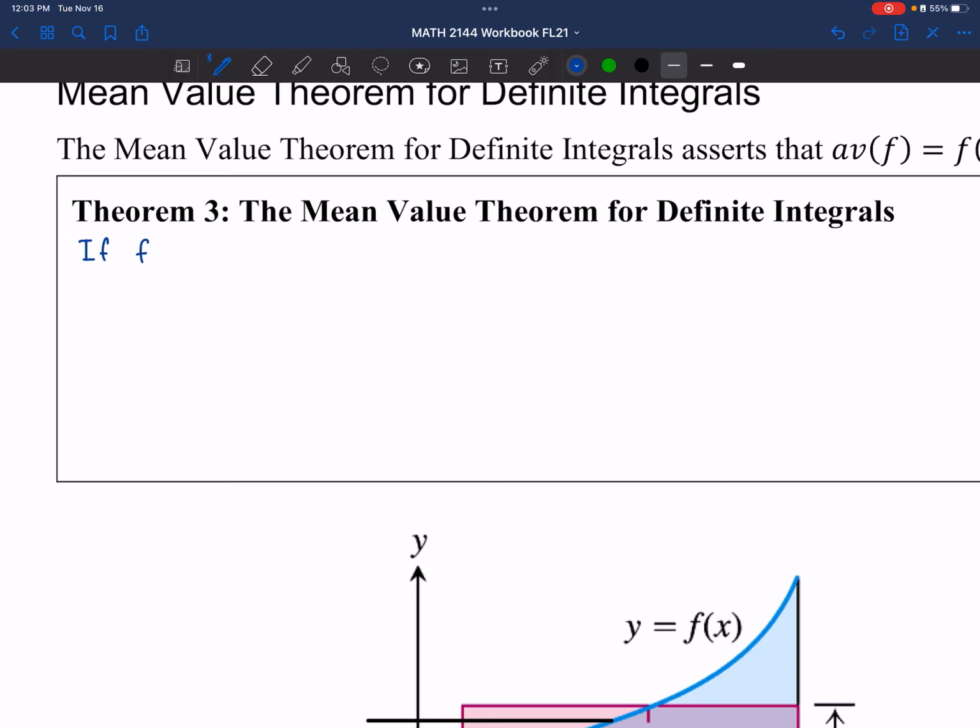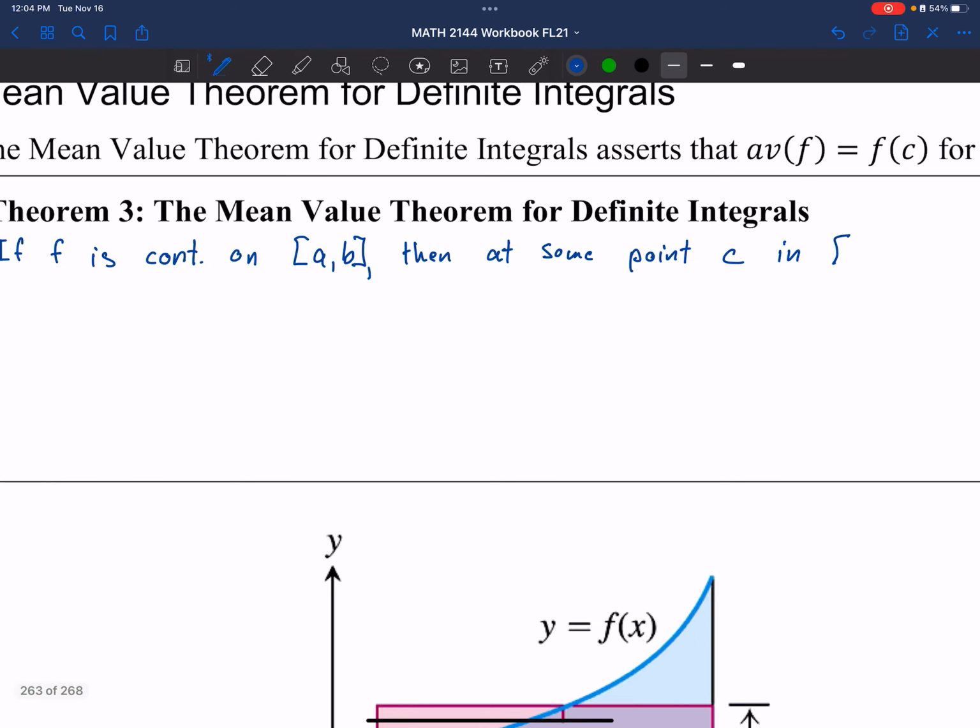If f is continuous on a closed interval a to b, then at some point c in the closed interval from a to b, we have the following statement, that the function evaluated at c is the average value, so 1 over b minus a times the integral from a to b of f of x dx.